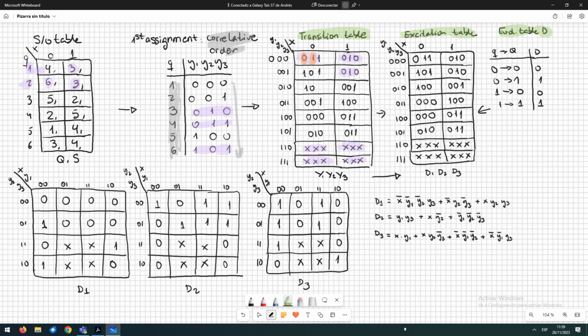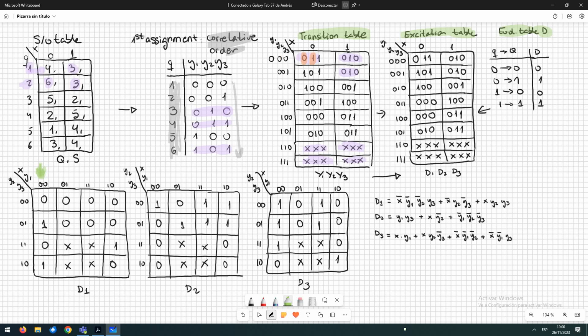If we are here, we can see that X is 0 and Y1 is 0. So just let me fill this value that I don't know why it was cleared. I continue. As I was saying, if we are here, we have that X is 1 and Y1 is 1.